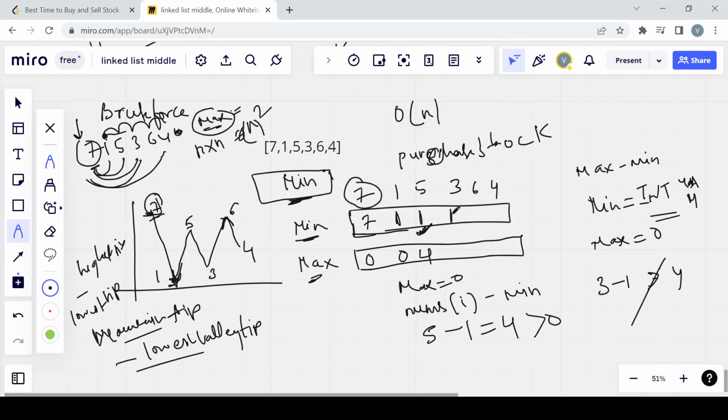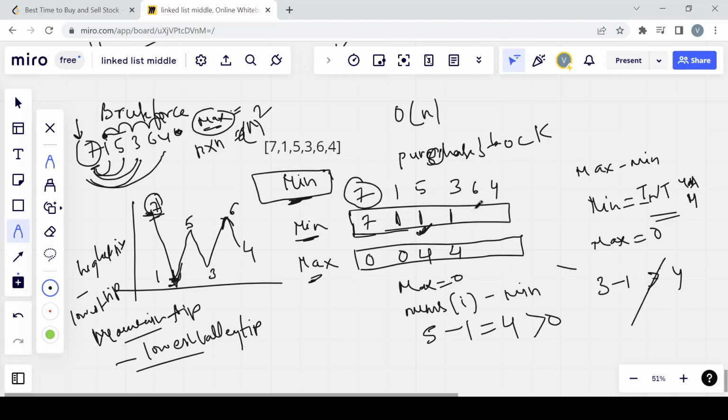So we have our min as 1 and the max as 3 in the future. It's a difference, but not greater than the 5 and 1 difference, so we'll keep our maximum so far as 4. We'll disregard this difference.